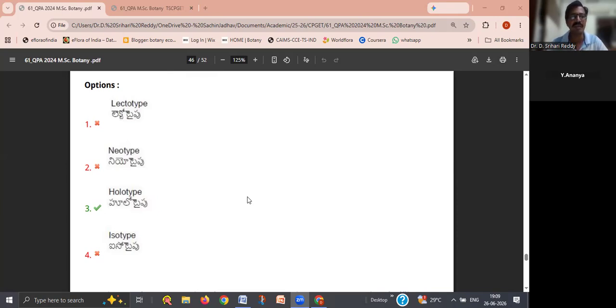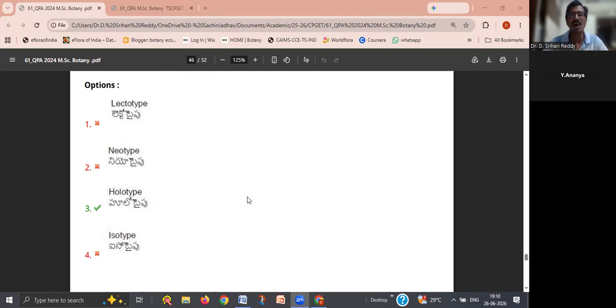If they are not available, another specimen collected by the author is called lectotype. He collects 3 specimens: the original specimen is holotype, the duplicate is isotype, and one more remaining one is lectotype.